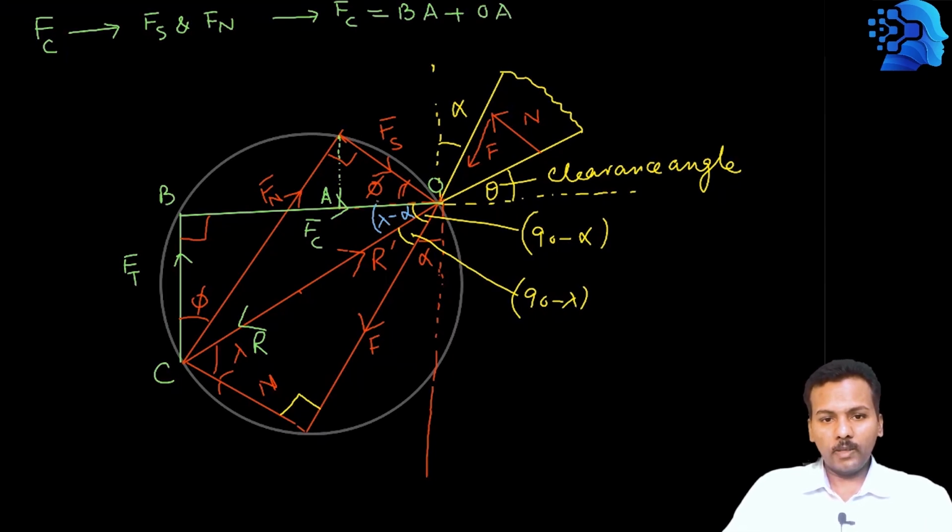Now OA can be written as Fs cos phi, the horizontal component of this force, because this is 90 degree. So Fs cos phi is equal to OA. Now let us take what will be the value of BA.